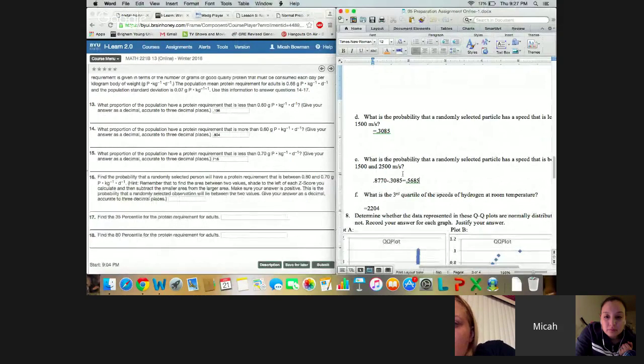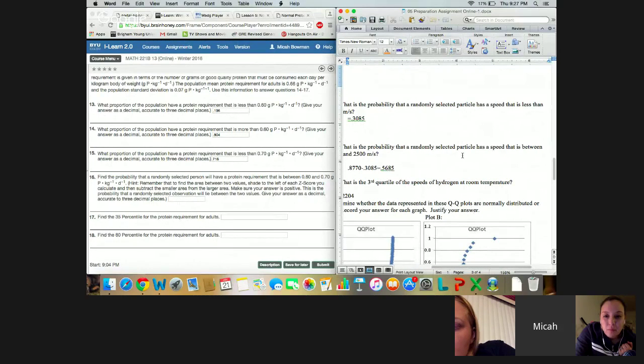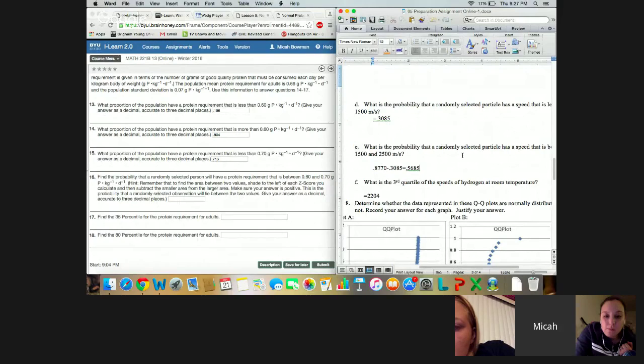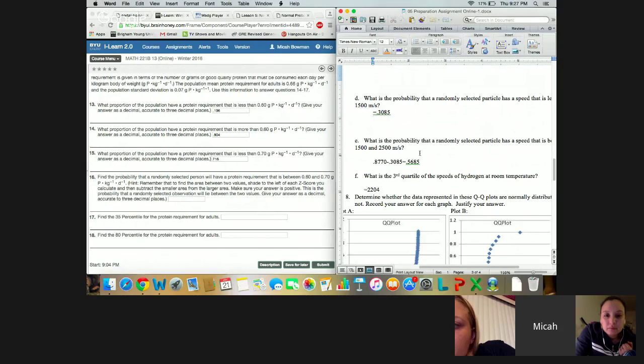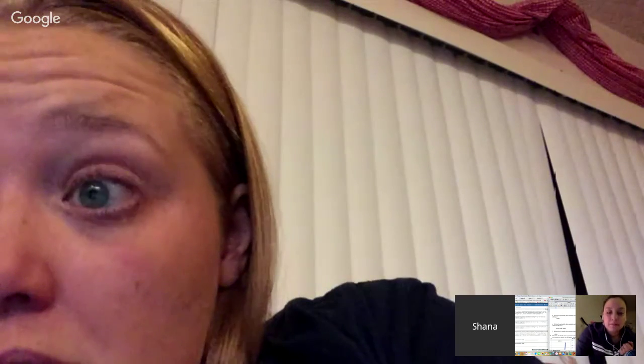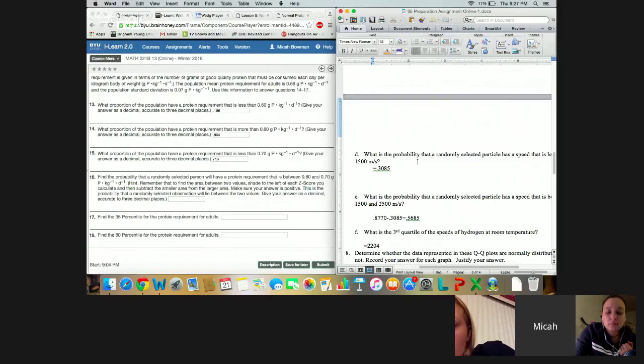What is the probability that a randomly selected particle has a speed that is between 1500 and 2500? This homework question did the same exact thing. It went from one x to a different x. And so we just take the two z-scores from both of those and find the difference between them, and that's our answer.